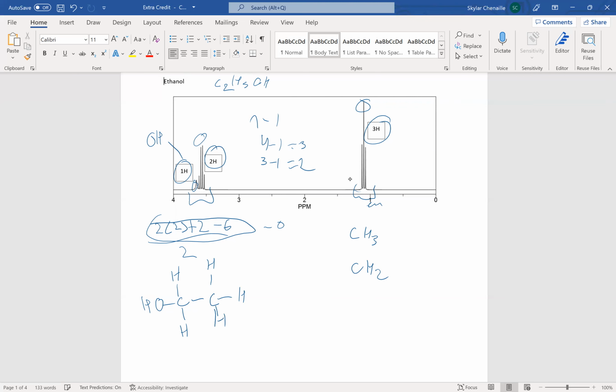So let's take a little bit of a look at the grouping for this. Our group that's responsible for this quartet is this one right here. If we do the n minus 1 rule backwards, so n plus 1, that's going to give us 4 proton readings.